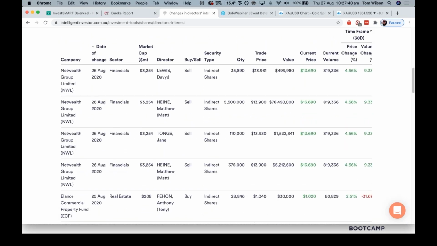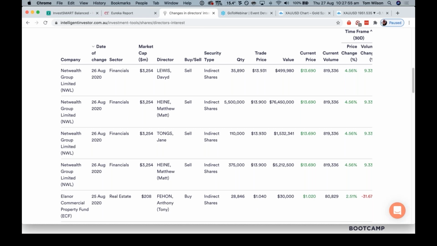And obviously looking at company reports, you can also see which owners or directors or CEOs are investing into their company and how many shares they hold. So that's one rule, I guess, that they use quite heavily at Intelligent Investor.